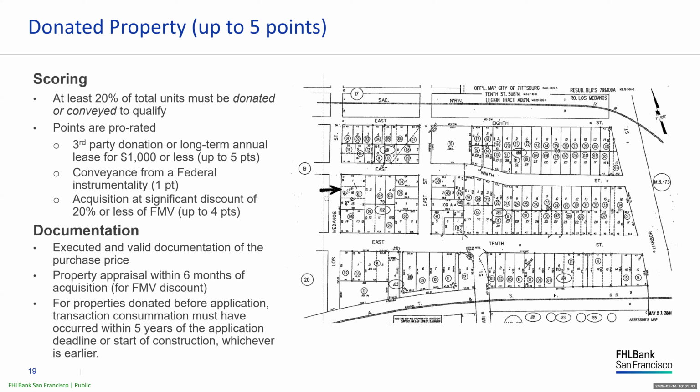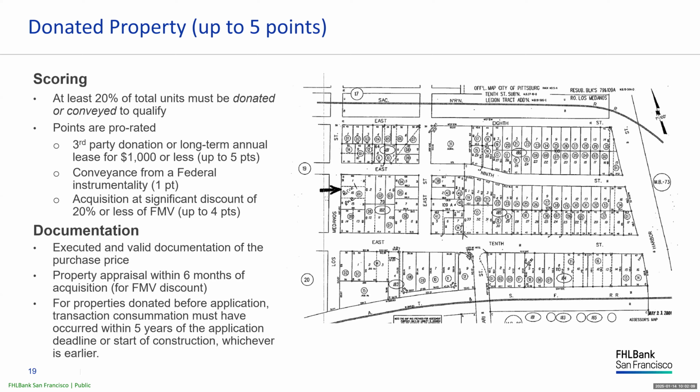If the purchase price was $100,000 or 10% of the fair market value, you receive 3 points. If the purchase price is $50,000 or less, or 5% or less of the fair market value, you receive 4 points.